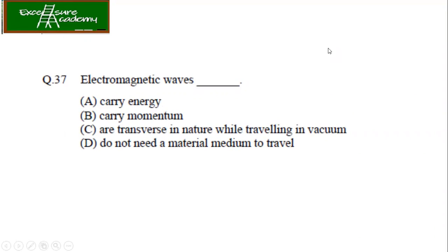Electromagnetic waves: whether they carry energy, whether they carry momentum, whether they are transverse in nature while traveling in vacuum, or whether they do not need a material medium to travel. For this, we need to see all the options. Electromagnetic waves carry energy, and this is very obvious. The energy carried by the electromagnetic waves is inversely proportional to its wavelength, which we also know.